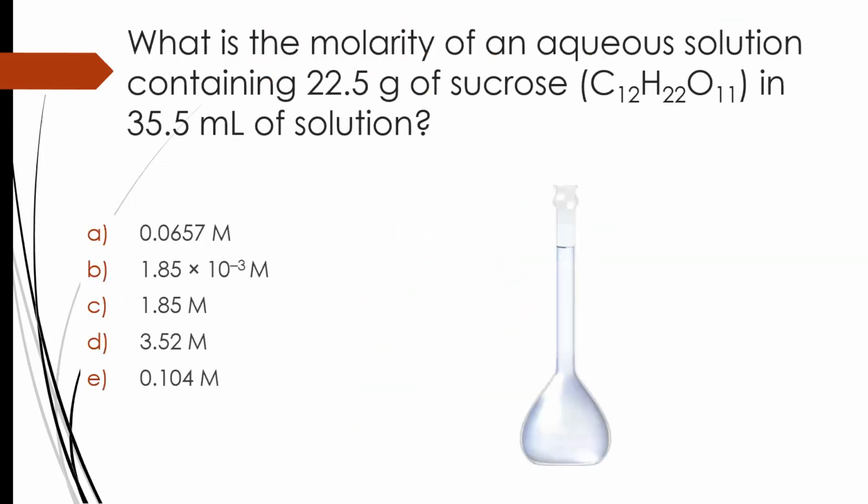So let's try this. What is the molarity of an aqueous solution containing 22.5 grams of sucrose, which has this chemical formula, in 35.5 milliliters of solution? So we have to find the molar mass of C12H22O11. Then we also have to find how many moles that's going to be. So let's find our molar mass first.